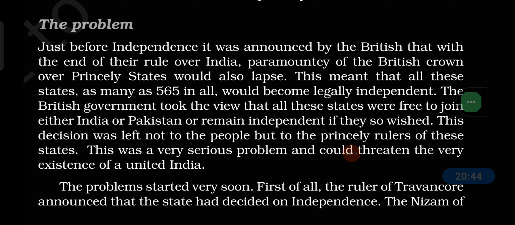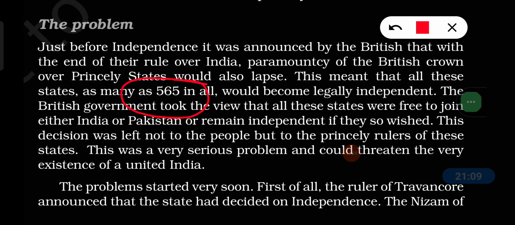At that time, the total number of princely states was 565, like the states of Junagadh, Hyderabad, Jammu and Kashmir, and Manipur.